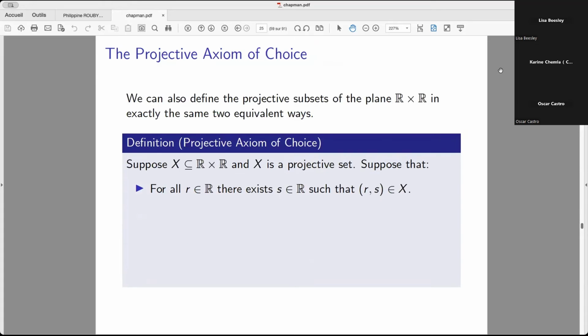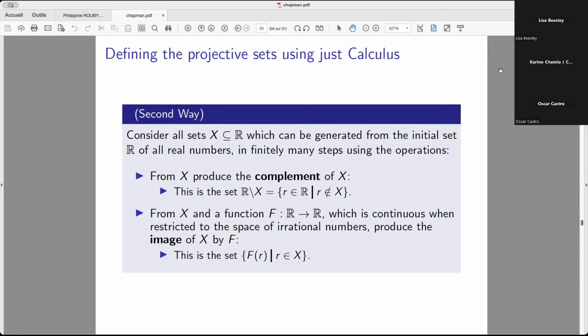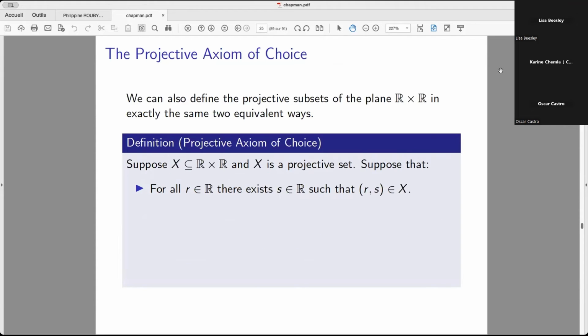Okay. So now what we can do is take famous problems in the context of set theory and localize them to the projective sets. Well, there's a projective axiom of choice. So what I'm going to do is reduce the axiom of choice. You can define the projective subsets of the plane R cross R in exactly the two equivalent ways. So I can talk about functions that are projective, relations that are projective.